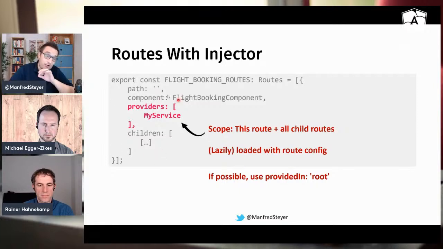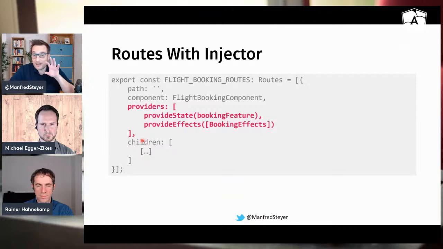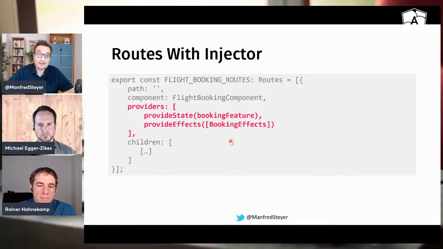This providers array is, however, needed for a special case, namely a case where you need to pass in parameters to your libraries, like parameters for an NgRx feature slice or for effects used by this feature slice. By the way, what you see here is already the standalone API for NgRx.